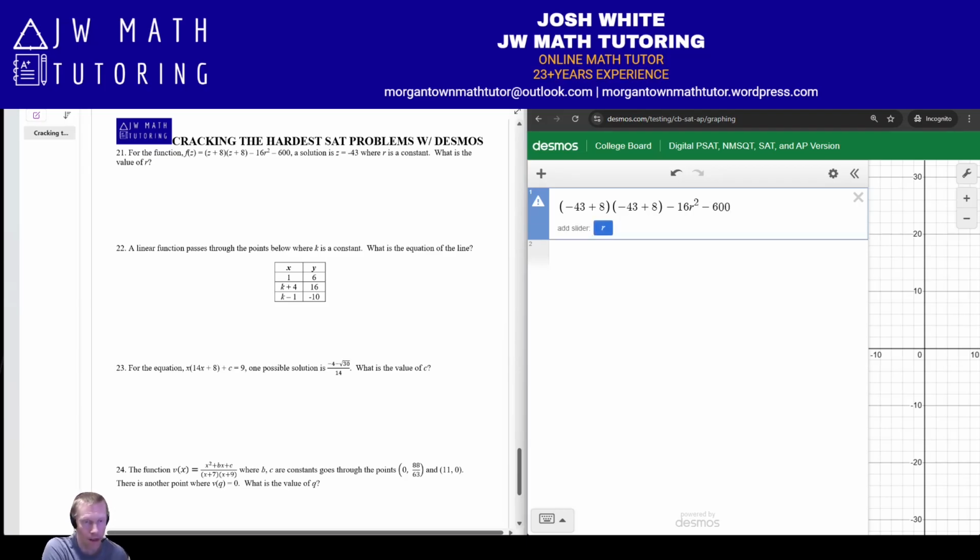Okay. Now, since negative 43 is a solution, that means when we plug it in, we should expect to get 0. So all we have to do is regress this to 0 and just get our value for r.